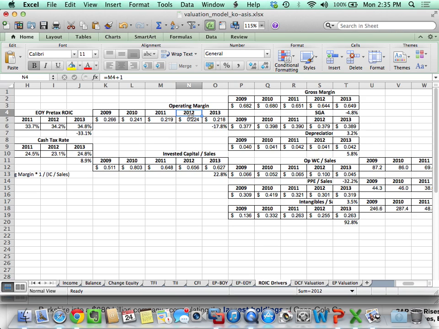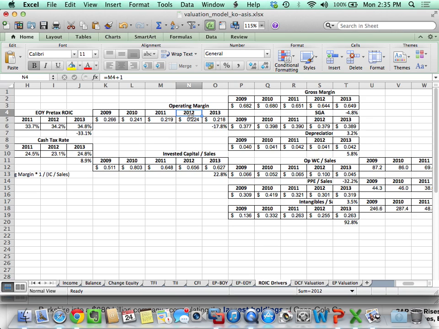Because the idea is, how much do I have to borrow and spend to generate the sales? So in 2009, I needed 6.6 cents of working capital to generate $1 of sales. In 2013, I need 4.5 cents of working capital to generate the same dollars of sales. So working capital actually was more productive.